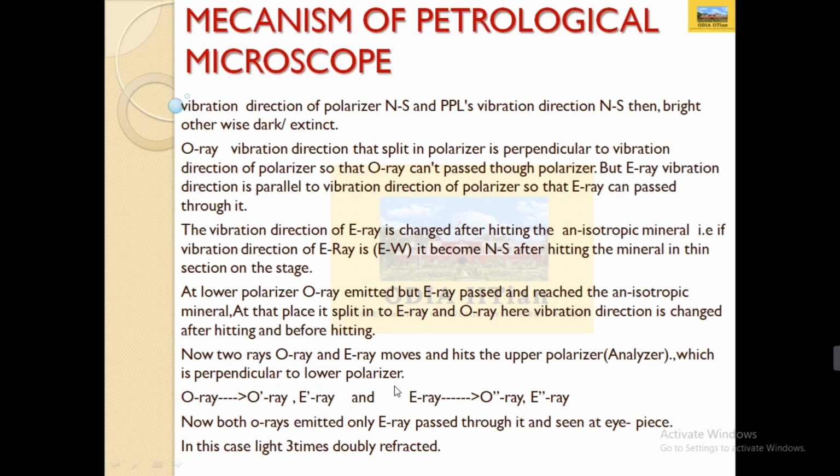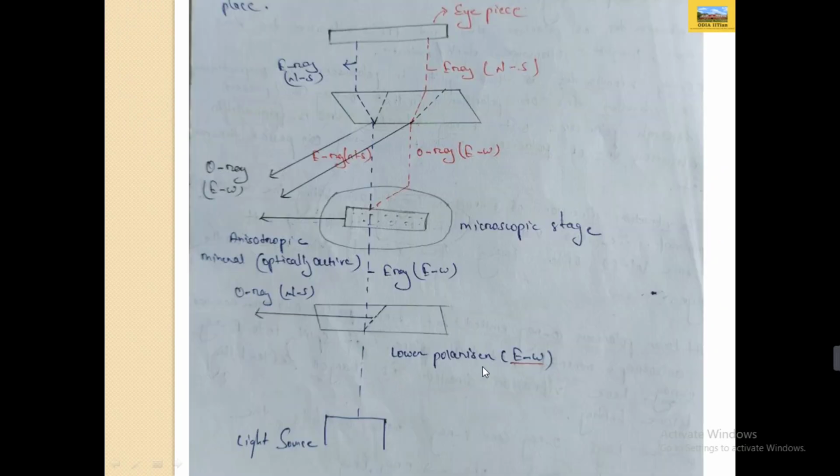We already know that the lower polarizer vibration direction is east-west, and the upper polarizer, that is the analyzer, vibration direction is north-south. So in this case the E ray and O ray passing through the anisotropic mineral hit the upper polarizer, which is called the analyzer.